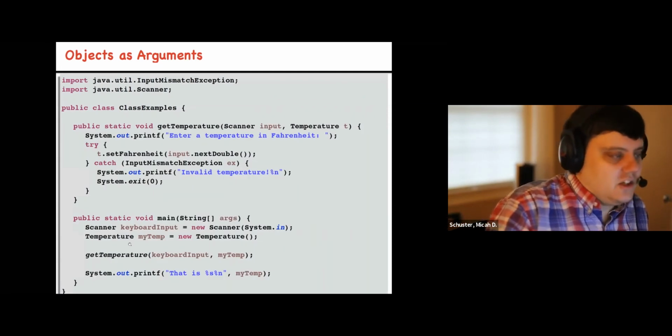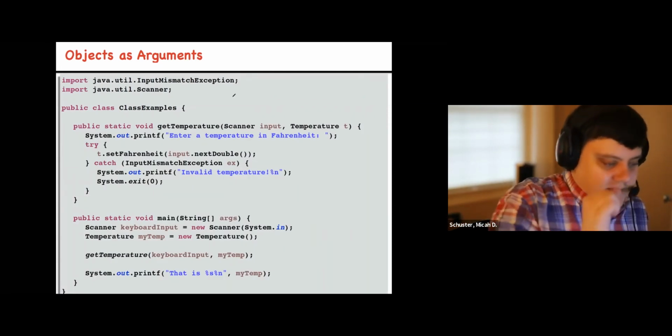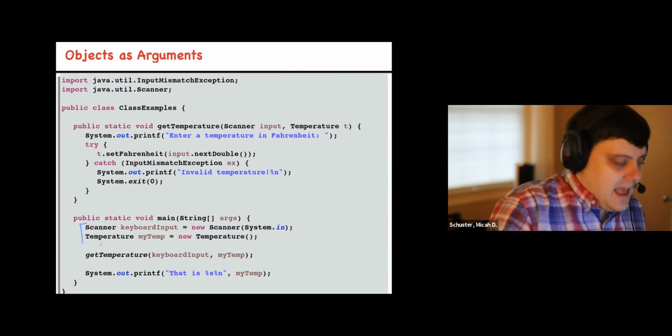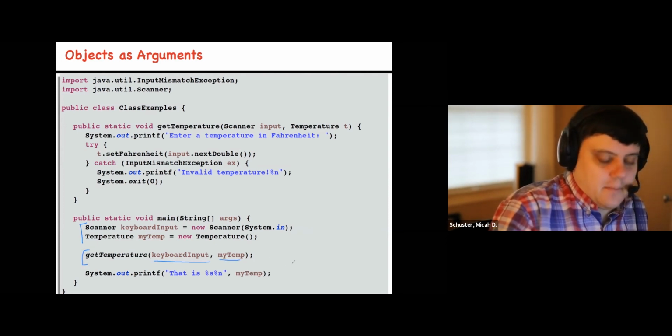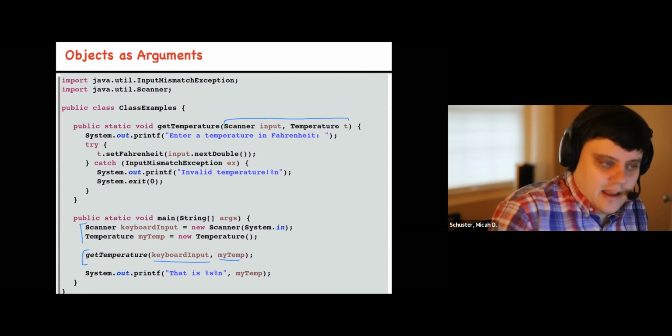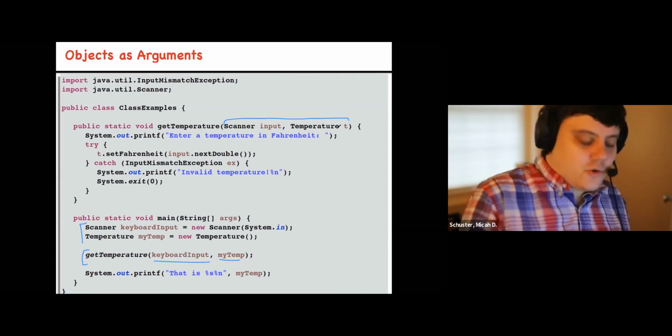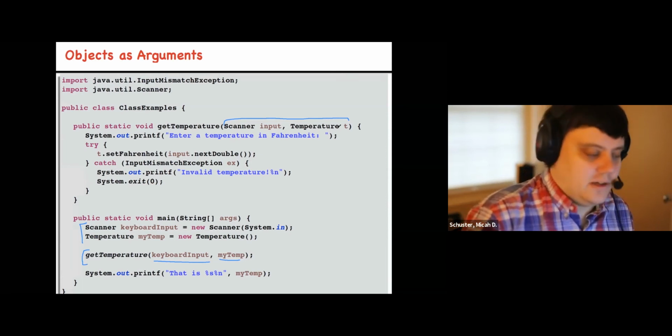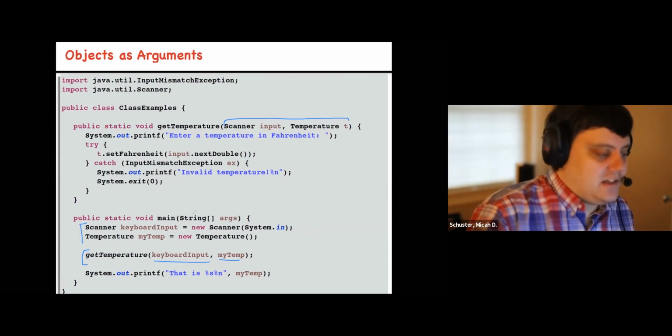Here is a simple example showing that in main, we create a scanner and an object, a temperature object, and call a method called getTemperature, and you just send them in. You just send their name, because the getTemperature method takes a scanner and a temperature object. So you treat them the same way you would any other type of parameter when using a method. Just make sure the types match up.